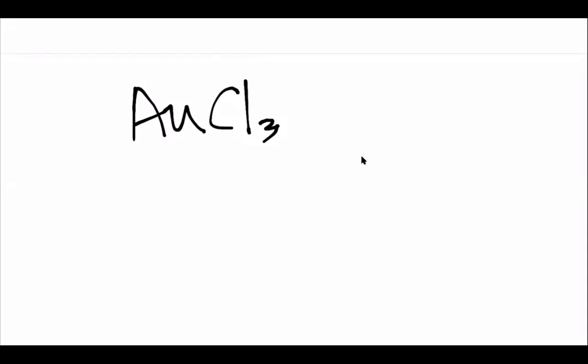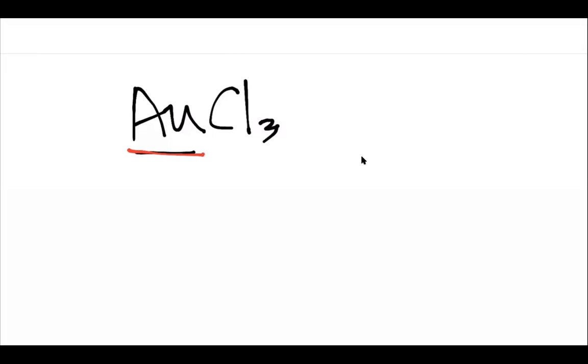Anytime you look at ionic compounds, you need to look at your transition metal, okay? Au is gold, and gold is a transition metal. So that tells me this needs a Roman numeral. This is where you can use that reference chart, because that has all the transition metals with their most common charges. That'll at least help you narrow it down to 2 possible numbers, and then you can do your math to figure it out.